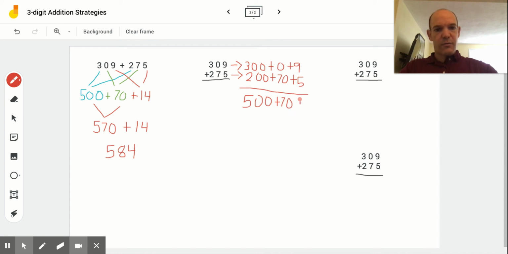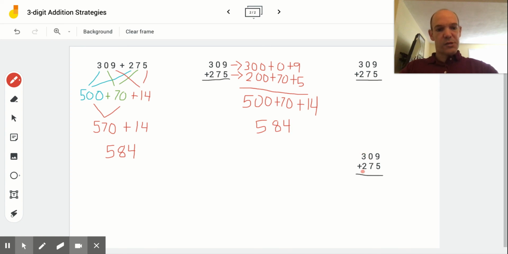So we end up with the exact same thing that we had over on the left-hand side. We put it together the same way, we would end up also with 584.